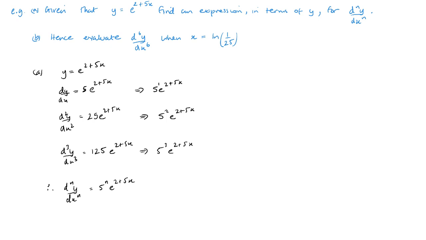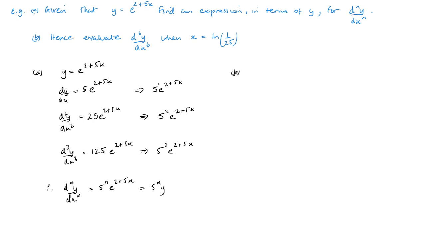And there we have part A done. Oh no, it does say in terms of y. Okay, y is e to the power 2 plus 5x, so this will actually be 5 to the power n multiplied by y. Now we're done with part A.